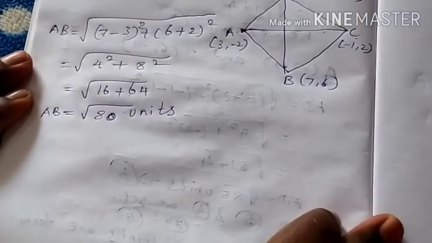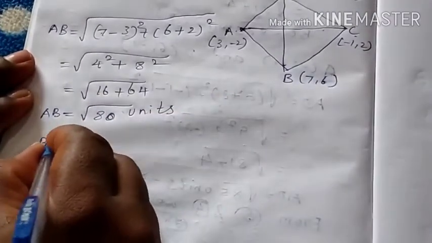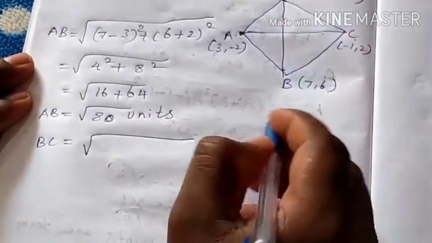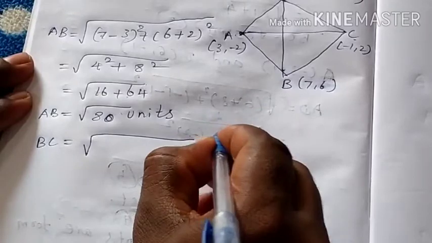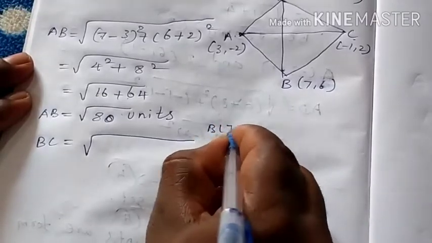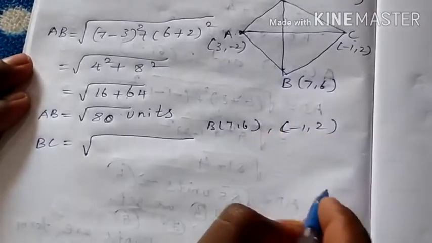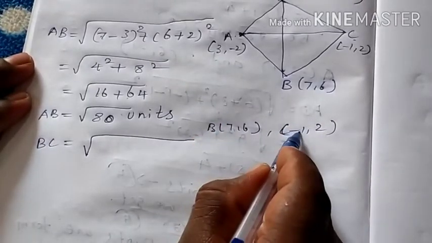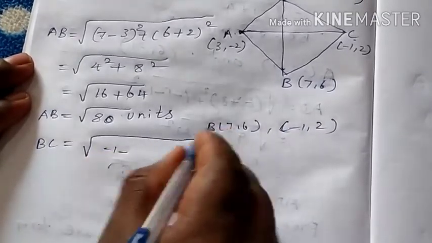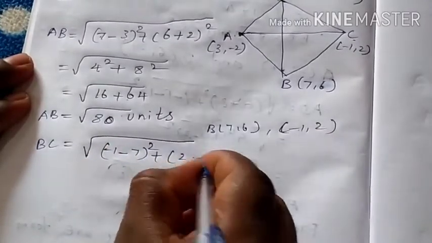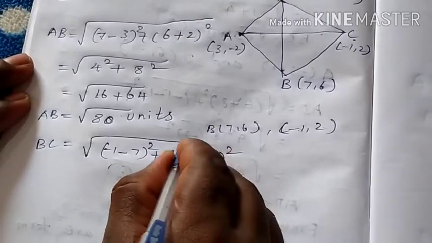Okay, then find the BC side. BC is equal to the square root of, consider the points B and C. The point B is (7, 6) and C is (minus 1, 2). Consider these 2 points: x2 is minus 1 minus x1 is 7, the whole square, plus y2 value is 2 minus y1 value is 6, the whole square.